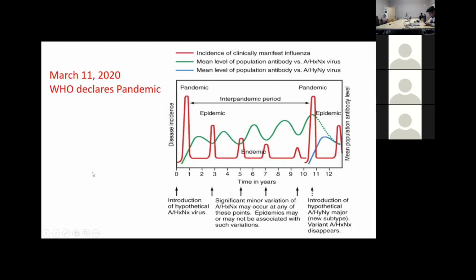Okay, then by March 11th, 2020, WHO actually declared this a pandemic. So I think it's important to understand the concept of a pandemic. So this is, if you use time zero as the introduction of the hypothetical generic virus, because nobody has immunity in the population at that time, you see the spike in disease incidence.